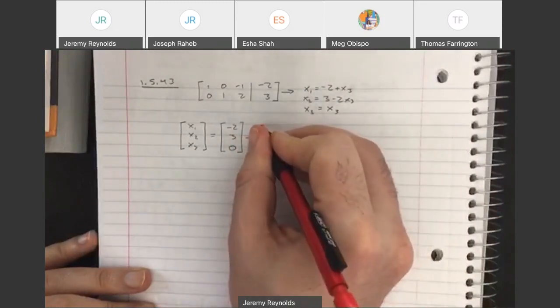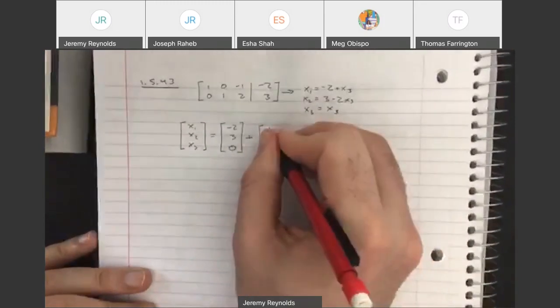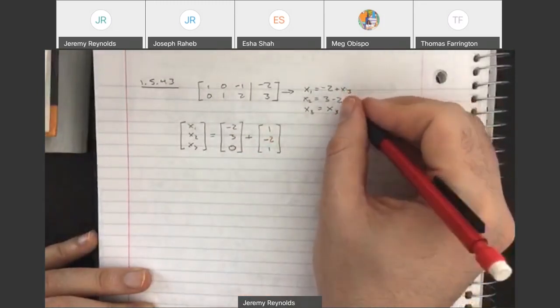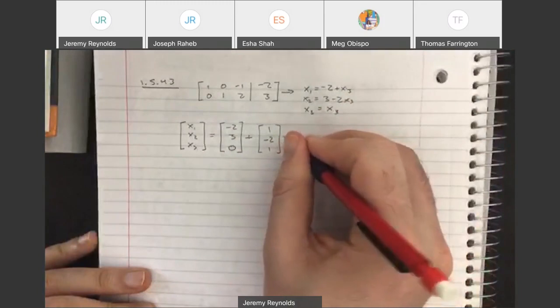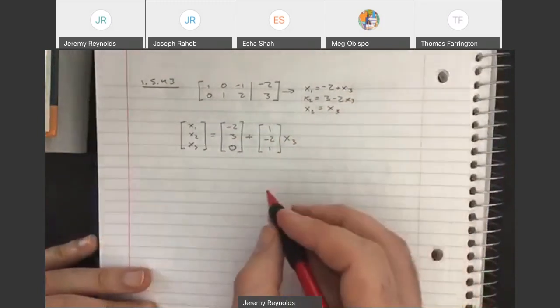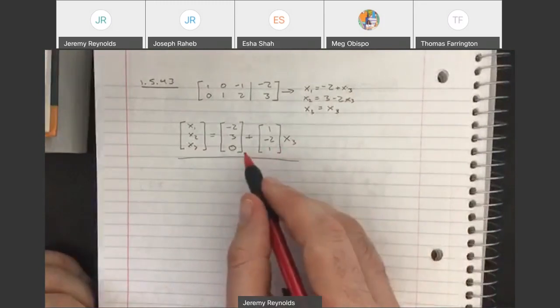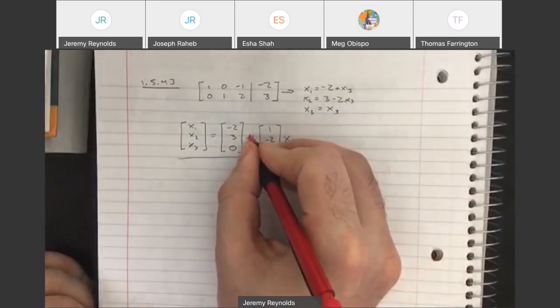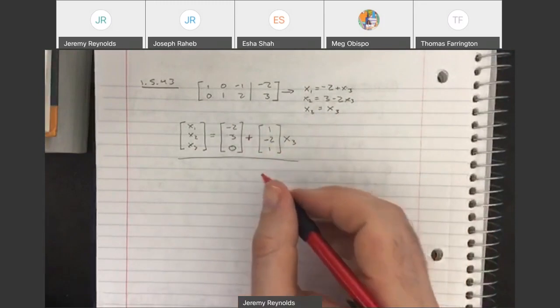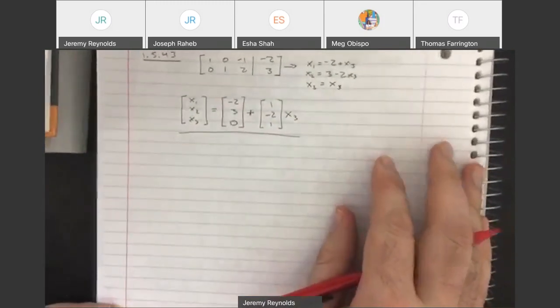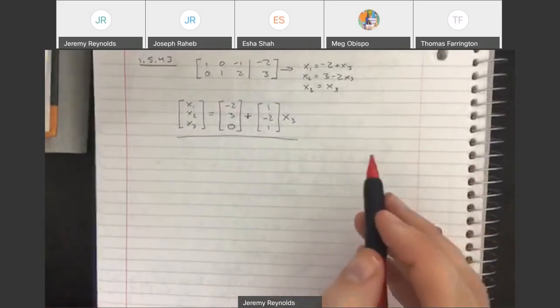And you can write that plus 1, -2, 1. So I just took the coefficients in front of the x3 times x3. So this is another way to write the answer, and this is actually what you'll see more commonly now in the book after the section where you learn about some of the basic operations. Okay. Does anybody have any questions on any of that?